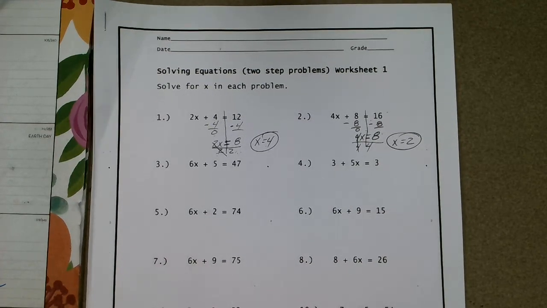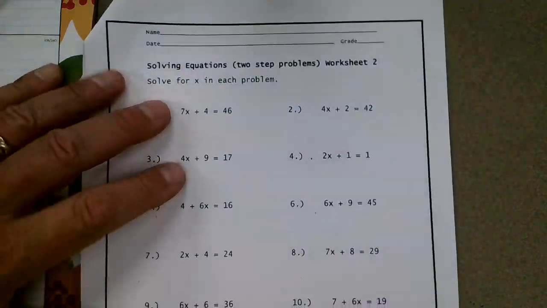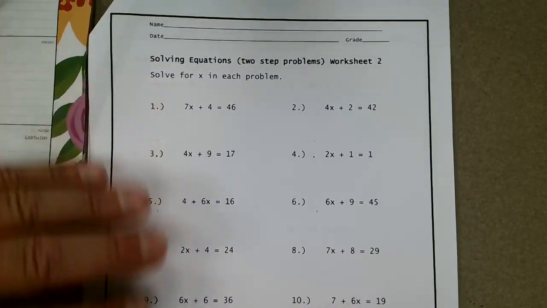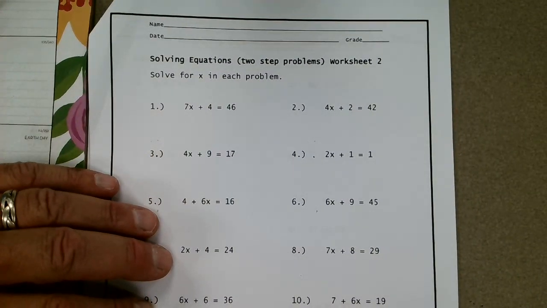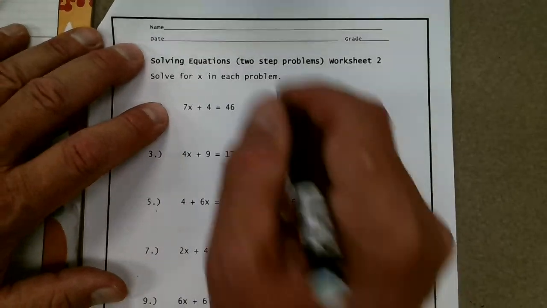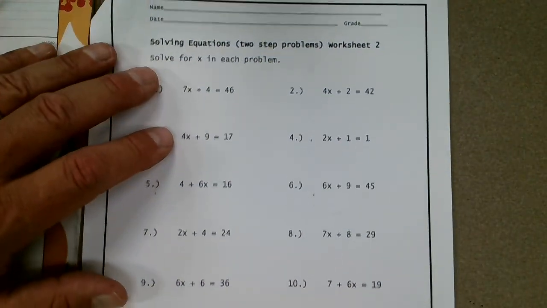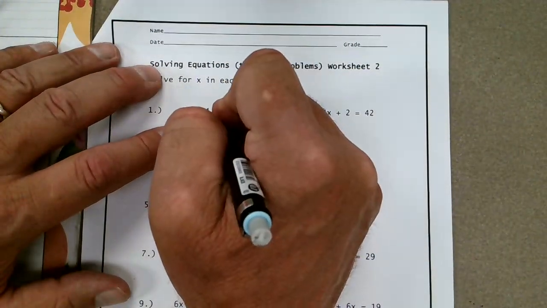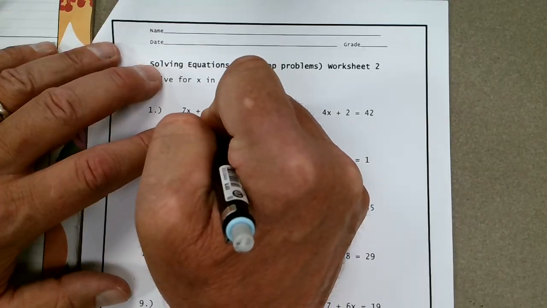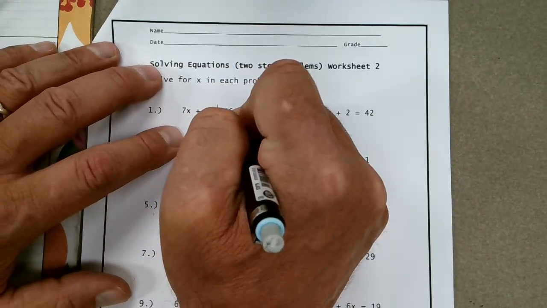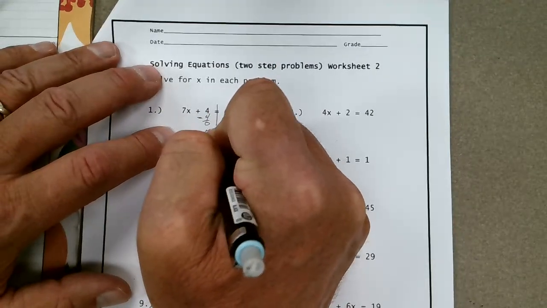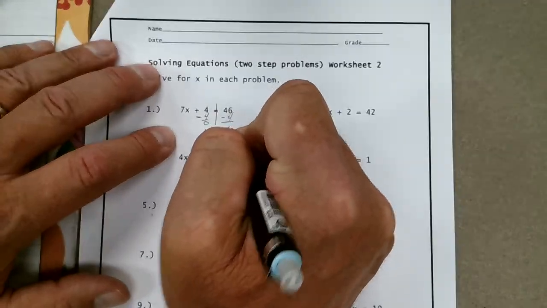Let's go on to the next page and take a peek at it. On the next page, we have more of the same. I'm just going to do one of these because that will leave you 11 to do. Let's take a look at number 1. I'm going to balance beam and subtract 4 from here, subtract 4 from here. 7x equals 42.